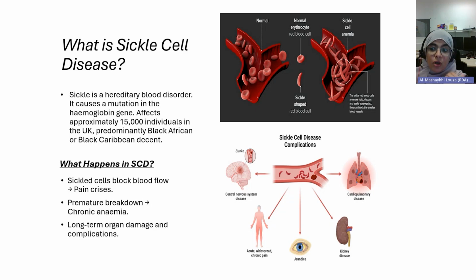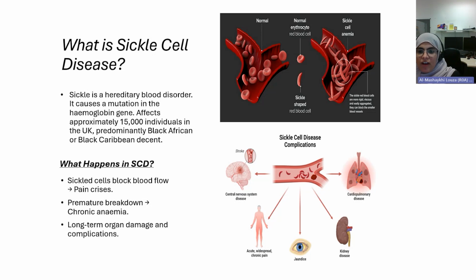And because of these complications, it will definitely affect other organs, so there will be long-term organ damage and complications. It affects the brain and causes stroke, which can occur in early life and even in early adulthood.